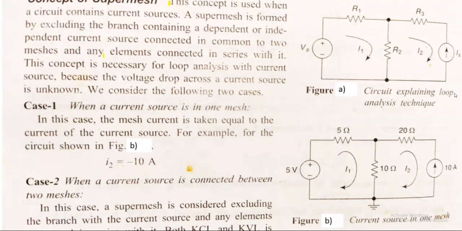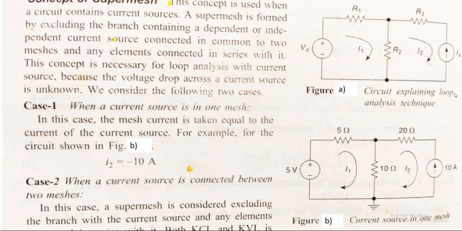There are two special cases of mesh analysis where sometimes we don't calculate the voltage directly. Normally, when we see that current is flowing through a circuit element or an impedance, we multiply the current with the impedance to find the voltage value. But sometimes in a certain branch we have a current source.